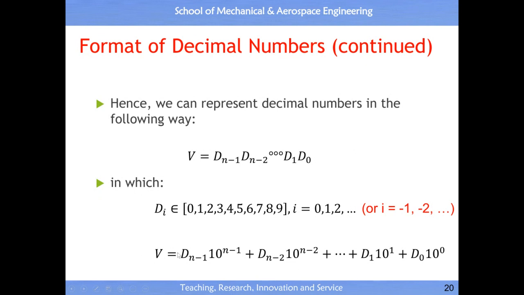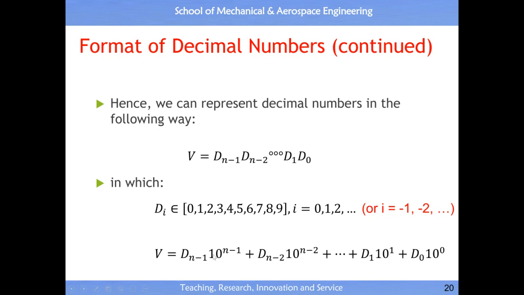The final value is equal to the sum of the value of each digit, and the value of each digit is equal to the multiplication of the value of the digit itself times the value of the digit's position. The value of the digit's position in this case, for a decimal number, is equal to 10 raised to the power of the position of the digit.